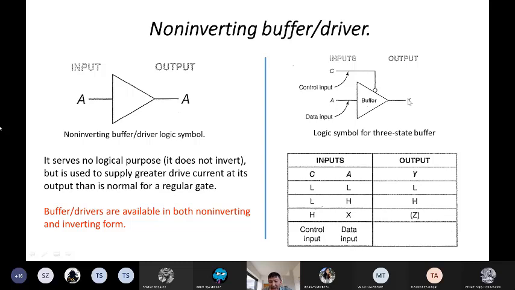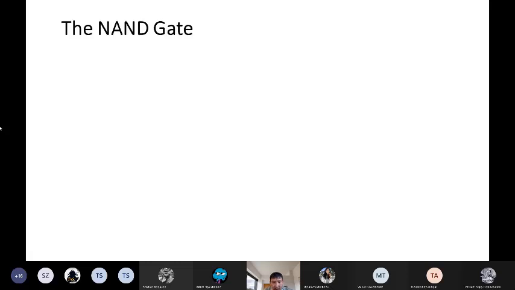It means that the output is as if just open to some other circuit that will be here. So it will not affect the work of the circuit it is wired to. For this reason, very often in computers, especially, buffers are used.